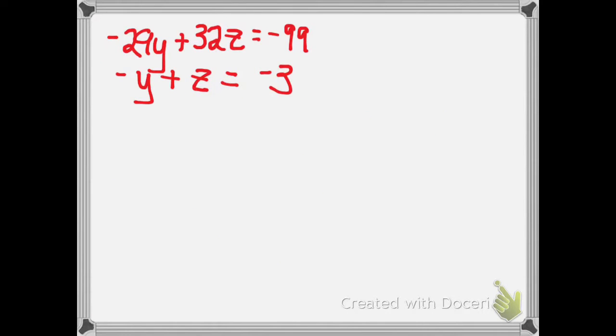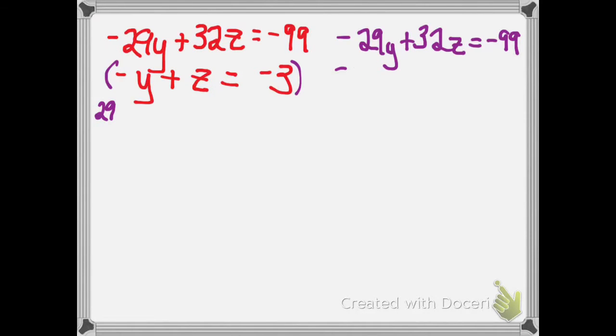So if you add straight down right now, nothing will cancel. So you need to pick a letter. So I'm going to pick y. So I'm going to rewrite the top one. Then I'm going to multiply the bottom equation by 29.